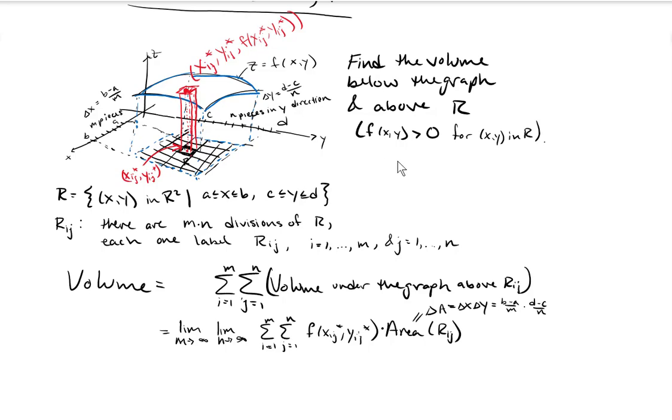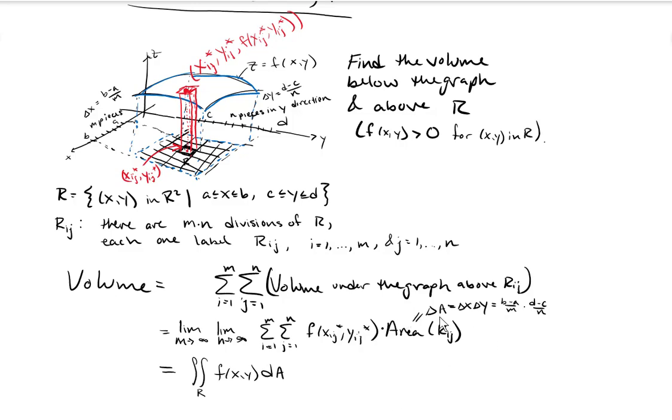So we actually define this to equal the double integral over that rectangle R, denoted as I've written it here, two integral signs, and we just put the rectangle down here, of this function f of x y times dA.